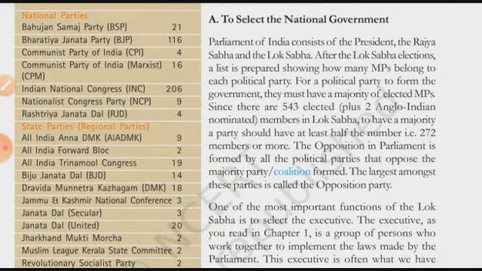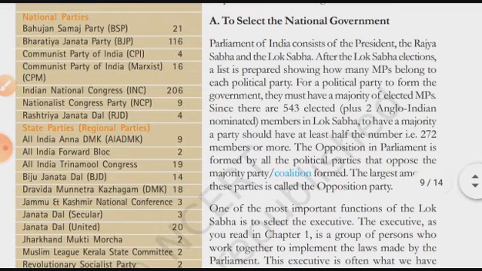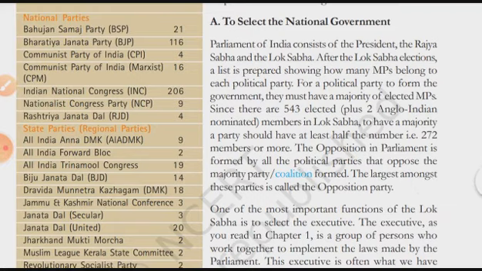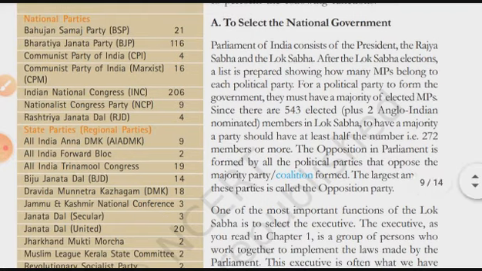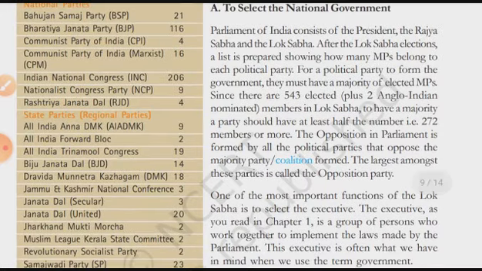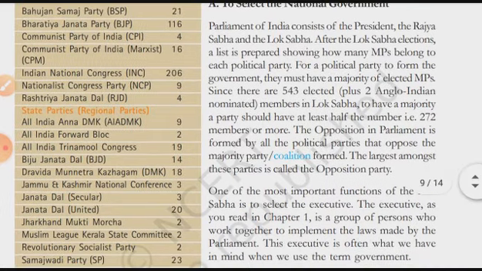That is, if any political party wants to form the government at the central level, they must have more members from their party. Since there are 543 elected members plus 2 Anglo-Indian nominated members in the Lok Sabha, a party should have at least half the number, that is 272 members or more.